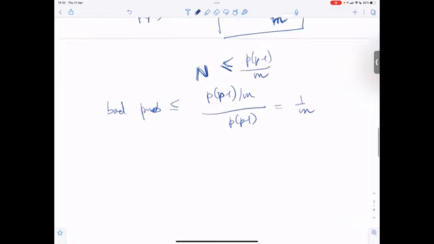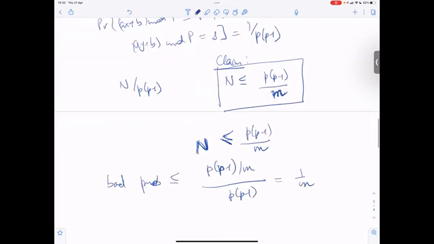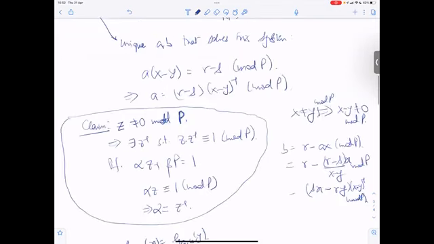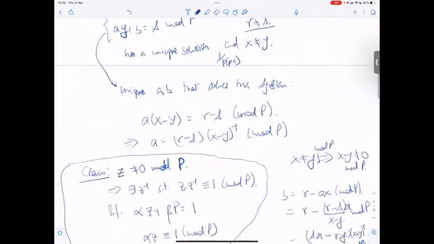Okay, so therefore we are done. We have shown that we can create a hash function this way. But it's impractical to get such a large prime P. So let's see another scheme.